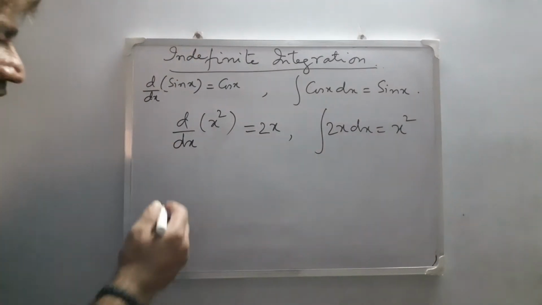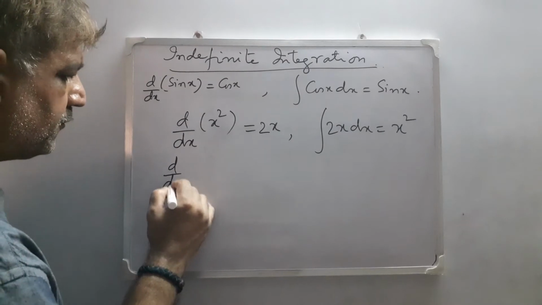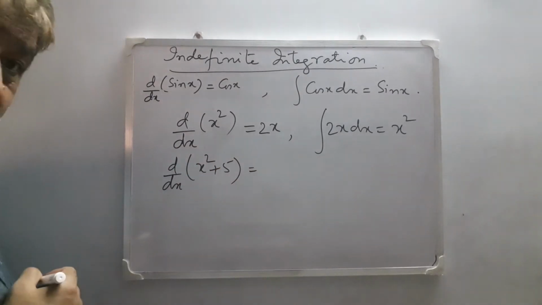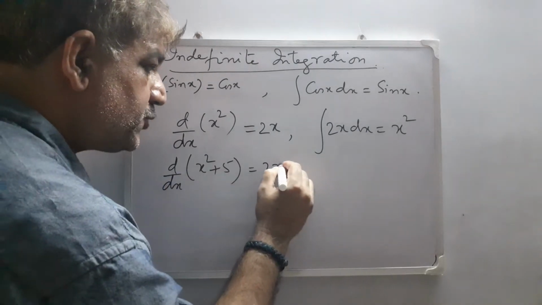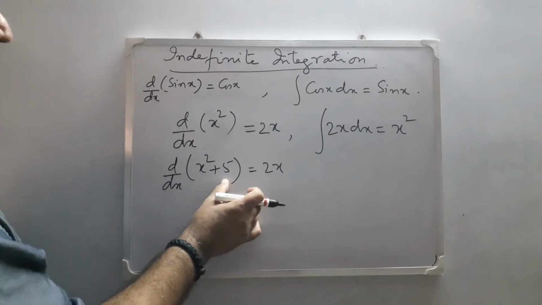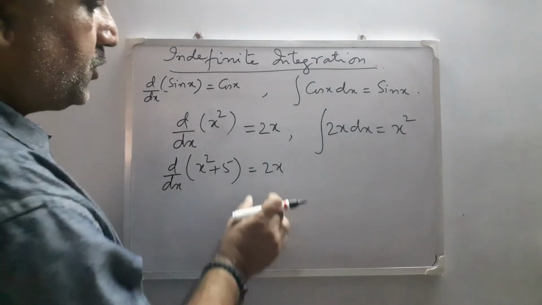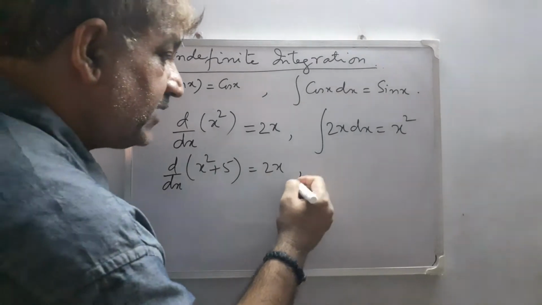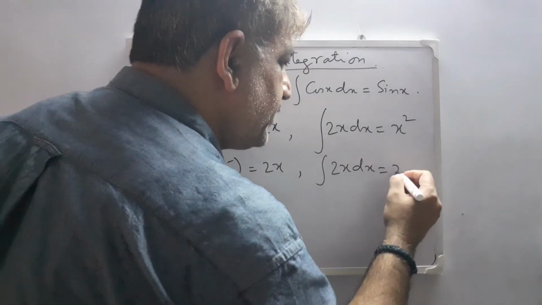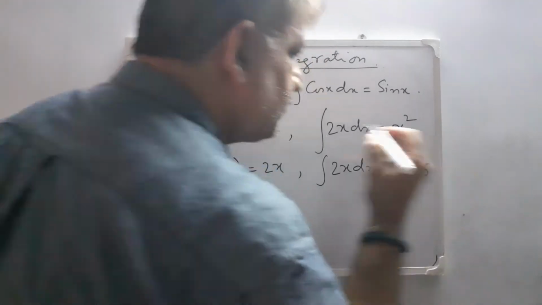Again, take one more example. d/dx of x square plus 5. Now you know that is 2x. Why 2x? The differentiation of x square is 2x, and plus 5 means its differentiation is 0. So it is 2x. Now therefore, if you integrate 2x dx, it becomes x square plus 5.